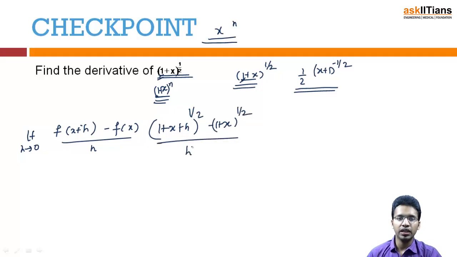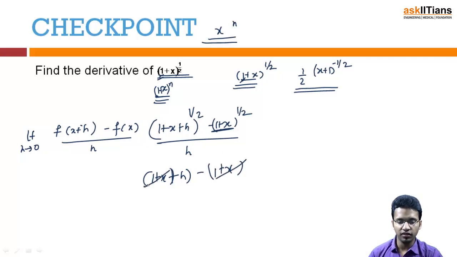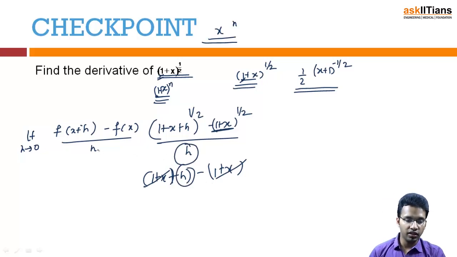Whenever we do this, we rationalize the numerator, so one term will open up like this, maybe with some power, but in this case it's very simple. It will become squared, so minus (1 + x). This term gets cancelled with this, and the remaining h gets cancelled with this part.